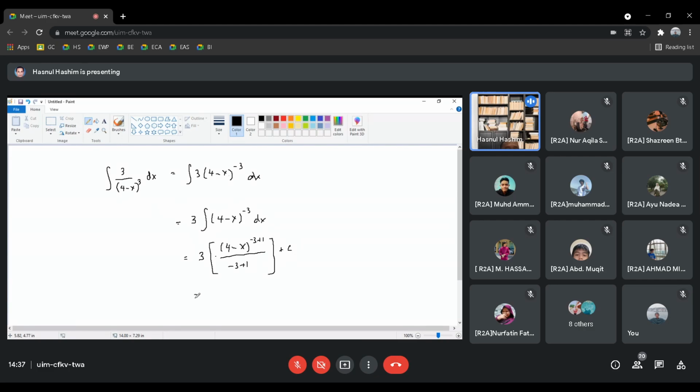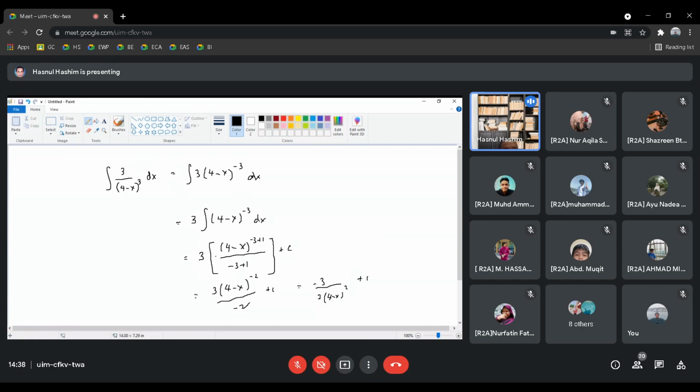So it will be 3 times (4 minus x) to the negative 2 over negative 2, plus c. So it's going to be negative 3 over 2 times (4 minus x) squared, plus c.